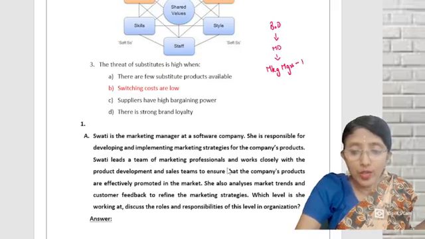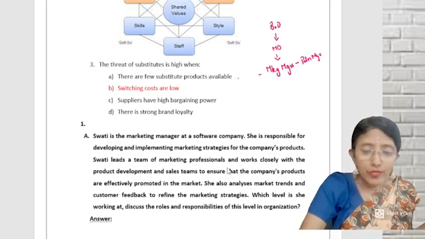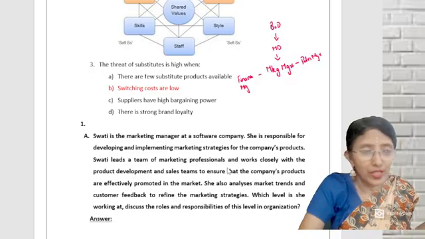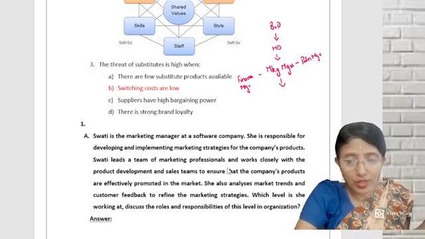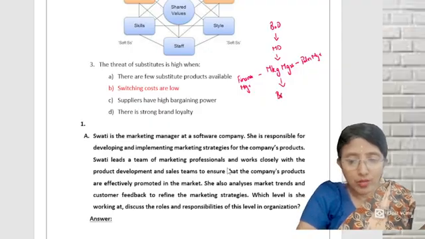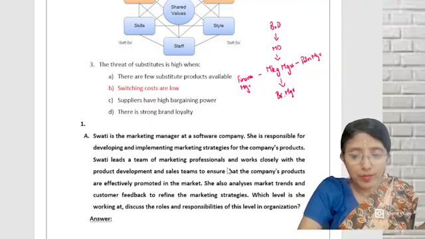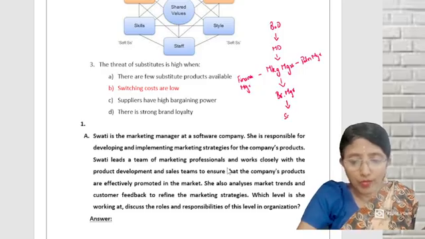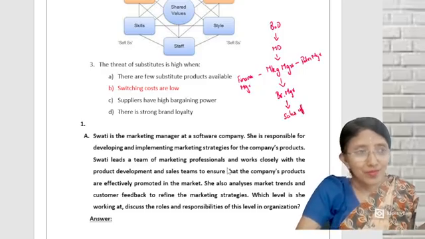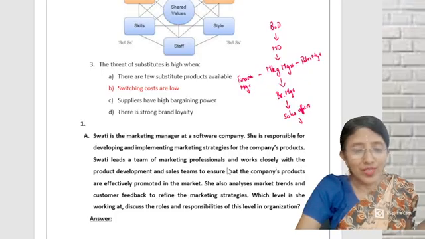Likewise, here there will be production manager. Likewise, there will be finance manager. Likewise, as many departments, so many managers. Now here marketing manager, branch manager, sales officer, salesman. That is how the hierarchy will be.